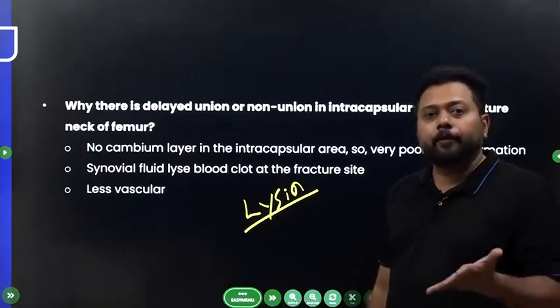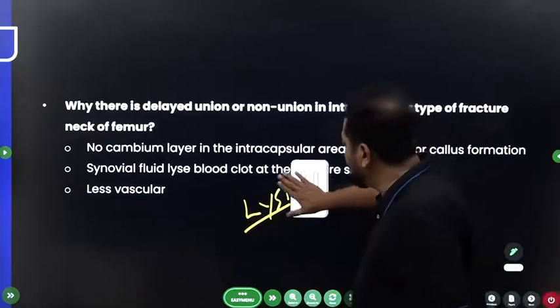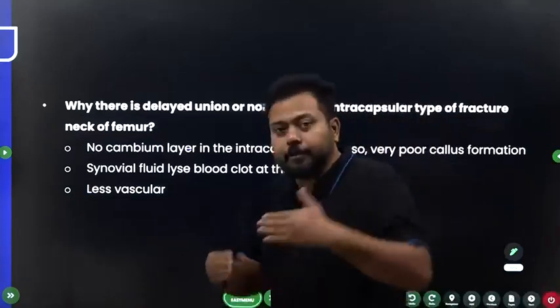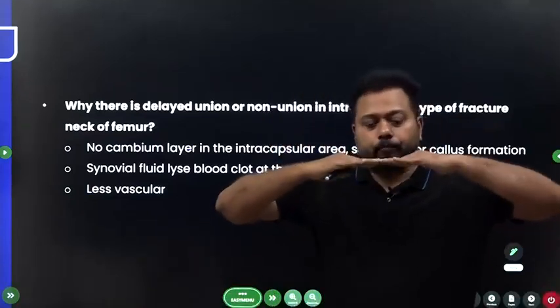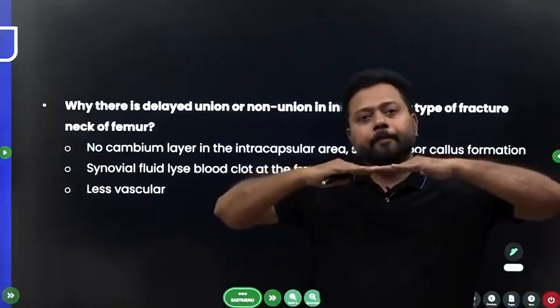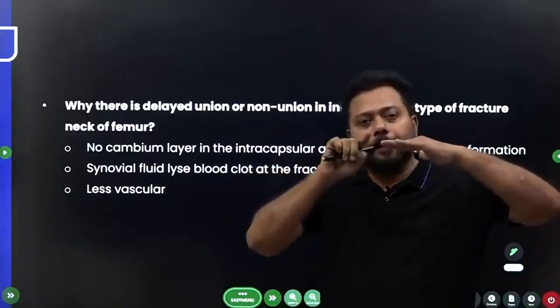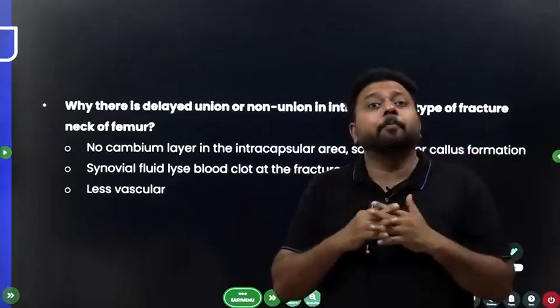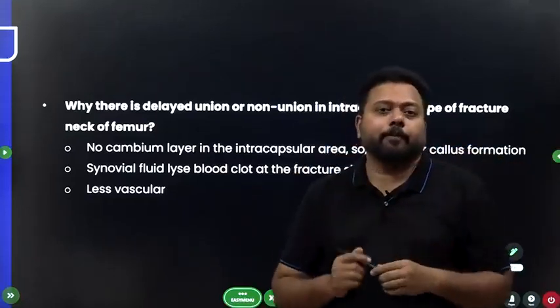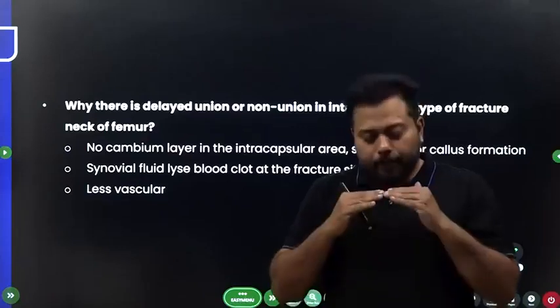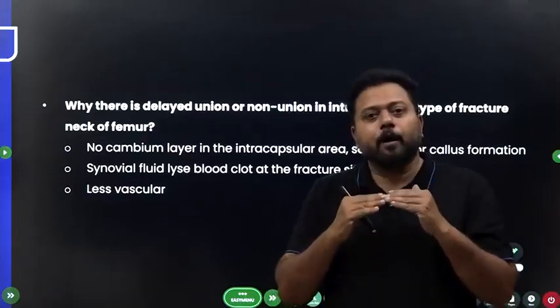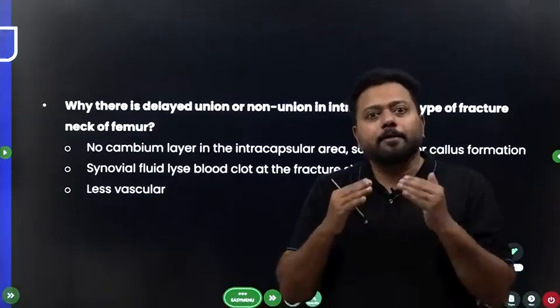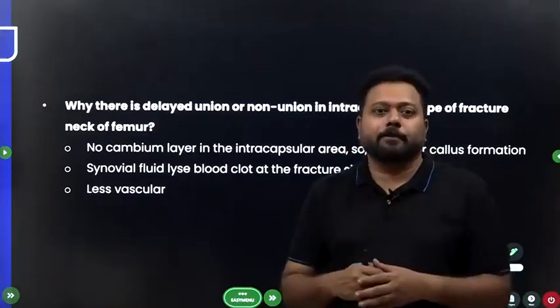But for healing, we know the stages of bone healing. The first stage is called the stage of impaction. Both fragments should come in contact. The second stage is the electric current induction at the raw surface area. The third important stage is hematoma formation. Blood clots should get formed at the fracture site, because hematoma is the foundation for callus.